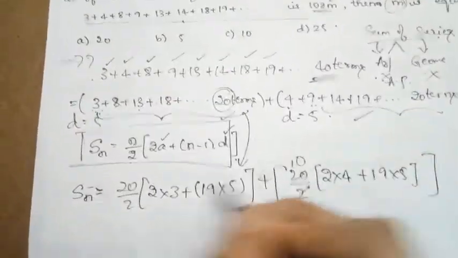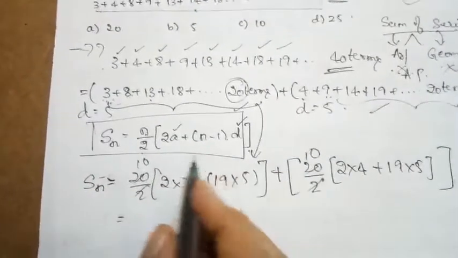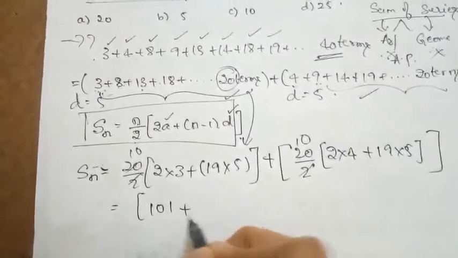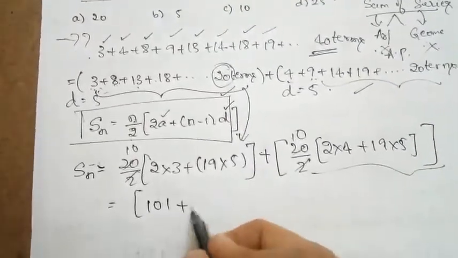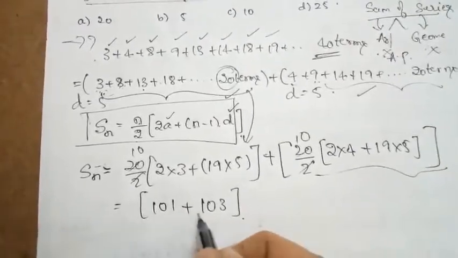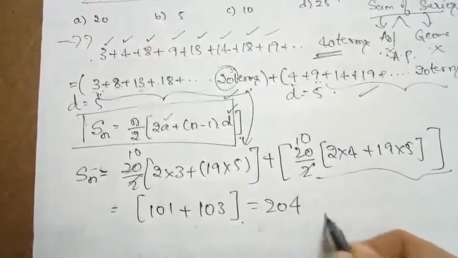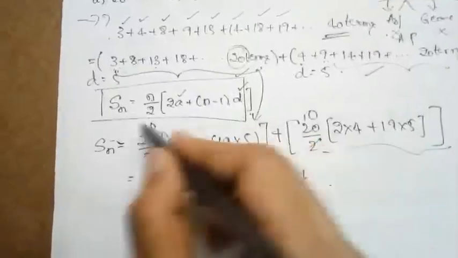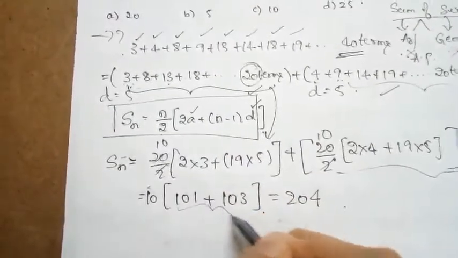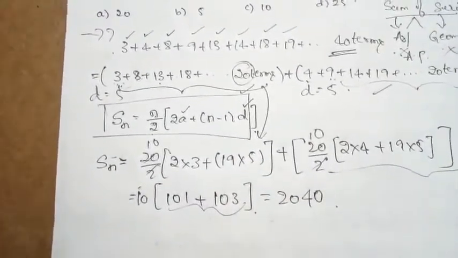Upon solving this equation, we are going to get 101, and solving the other, we are going to get 103. So 101 plus 103 is nothing but 204. I have taken 10 common outside, so it is totally 2040.